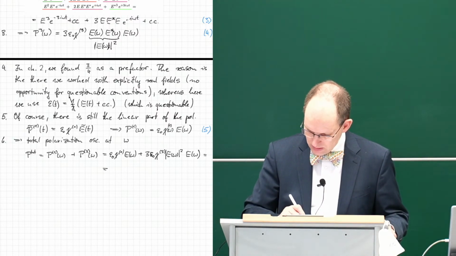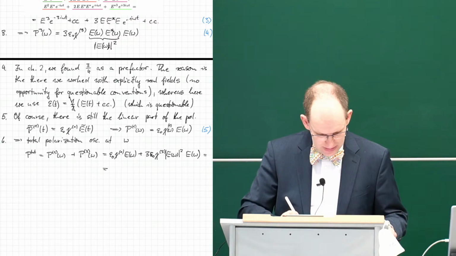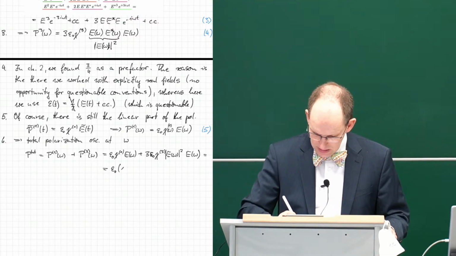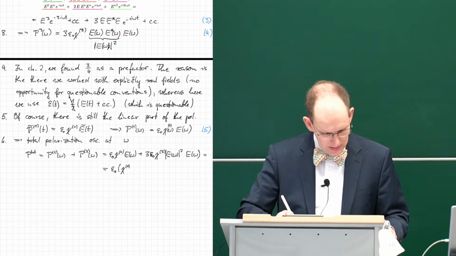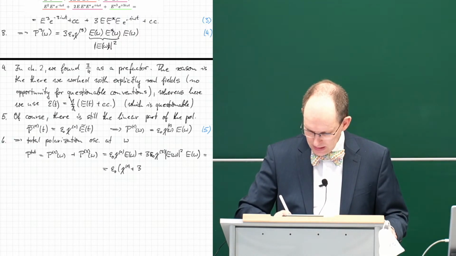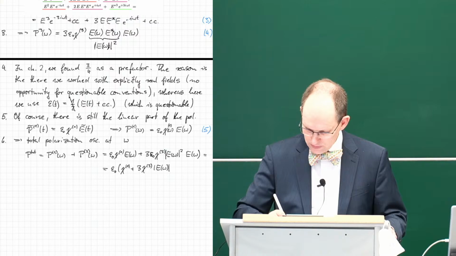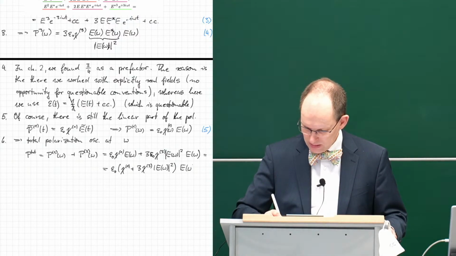We factor out E of omega, and then we get epsilon 0 times chi 1 plus 3 times chi 3 times the magnitude squared of the electric field times E of omega. Yeah?